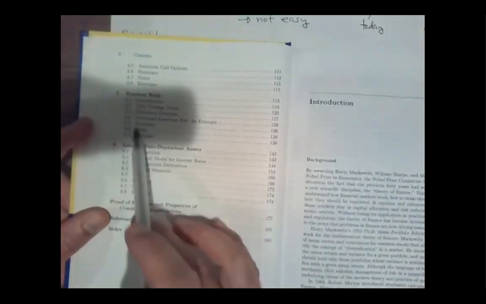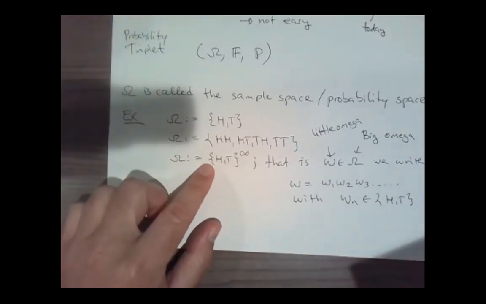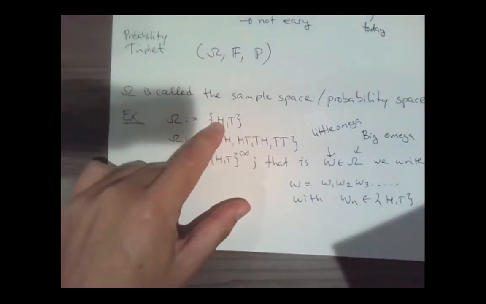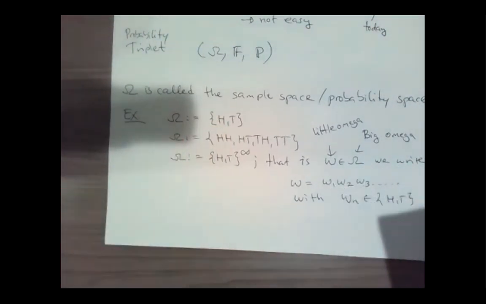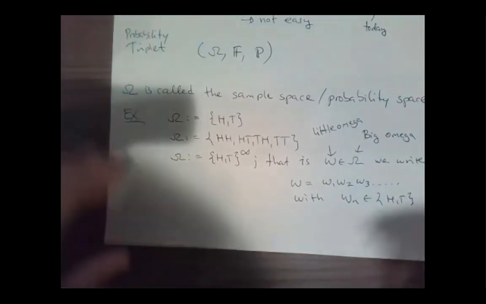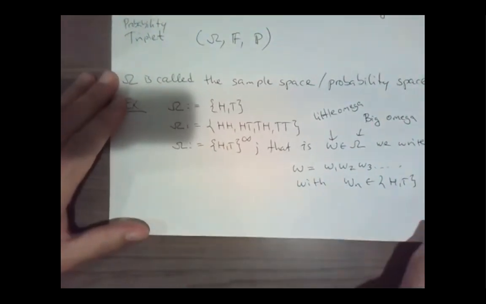This entire chapter, chapter number 5, is based on this particular sample space. The first one we have here was what we did in section 1.1. This one here is what we just did. It's an example of a two-period model. So these are all models that you'll see in discrete time finance.